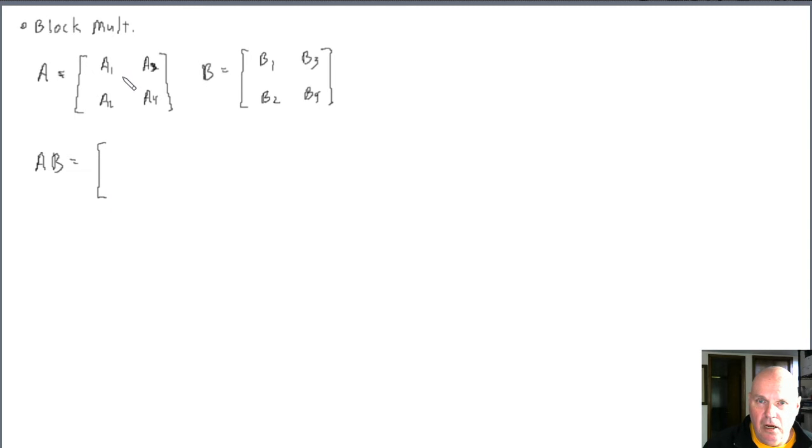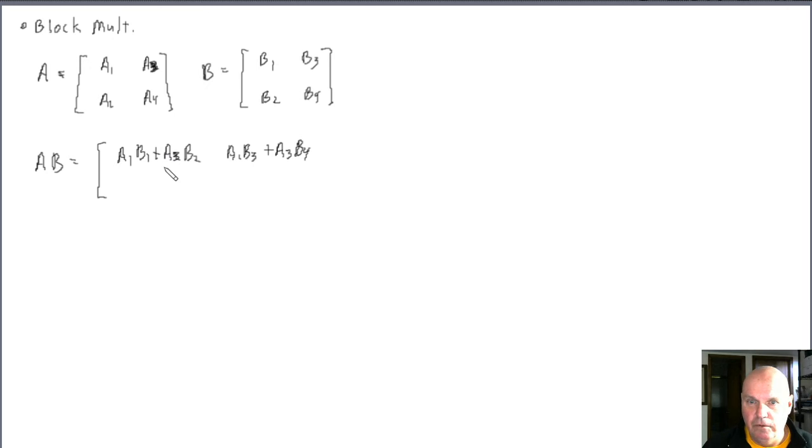But here, we can carry out the multiplication on a block basis. We could treat these as individual elements here. And so here in this first portion, we get A1, B1, carrying out multiplication of this row times this column, plus A2, actually that's A3, isn't it? A3 times B2. And then similarly here we'd have A1 times B3 plus A3 times B4.